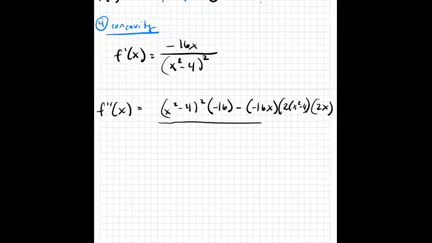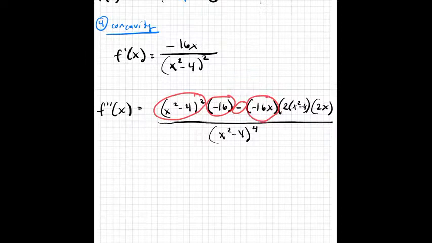Okay, and then over the bottom squared. So now it's going to become x squared minus 4 to the power of 4. Okay, let's check real quick. The bottom times the derivative of the top minus the top times the derivative of the bottom, which is going to be this 2, all of that times the derivative of the inside. Okay, all over the bottom squared.